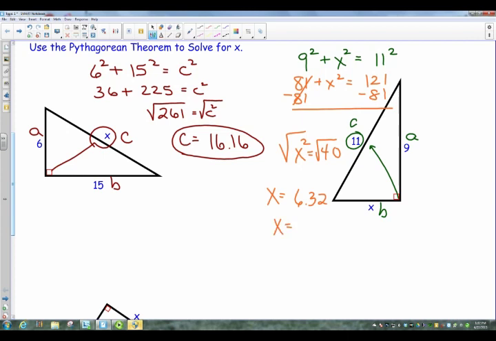We can take the square root of 40, reduce it down into two numbers that are factors of 40, where one of them is a perfect square. So we're going to say like 4 and 10. Then you take the square root of 4, which is 2. The square root of 10 does not simplify, and you can write it as 2 square roots of 10. And that's another way to show this solution.